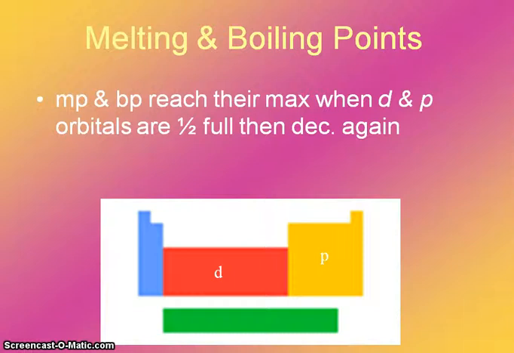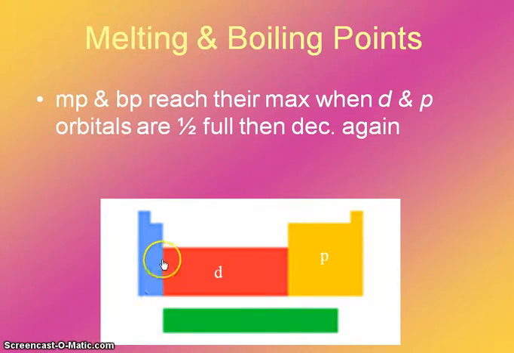The last trend is for melting points and boiling points, and they're a little bit different than the other ones we've discussed. With this, we're going to focus mainly on the D block and P block. Now, when the D block and P block orbitals are half full, melting points and boiling points are going to be at their maximum, so they're going to be at their highest values. So essentially what you see is almost like two bell-shaped curves here.